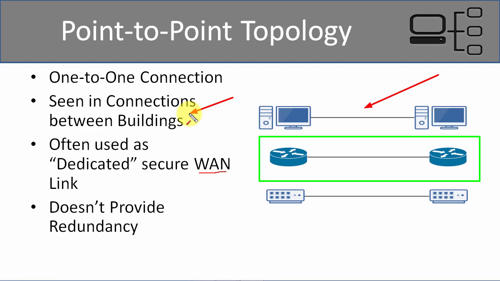And one important note with this is that it does not provide redundancy. So we just looked at the mesh design. The mesh design provides redundancy. This one, if the network cable fails between these 2 devices, they can't communicate, and it kills the connection.